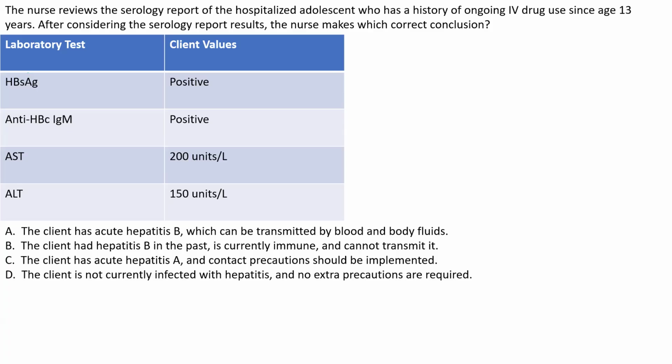Now, we have the surface antigen positive, and the immunoglobulin antibodies type M are positive. And remember the two different types of immunoglobulins: the one that is present during the acute attack, or acute hepatitis, versus the one in the patient with chronic hepatitis or who has received the immunization.